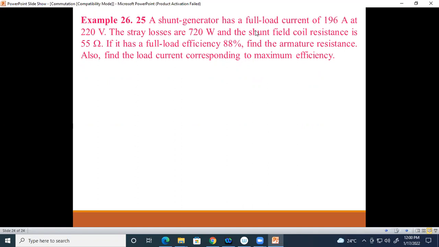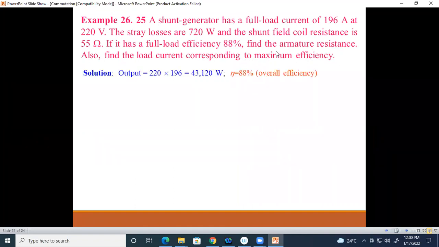If it has a full load efficiency of 88%, efficiency is given, find the armature resistance RA. Also find the load current corresponding to the maximum efficiency.